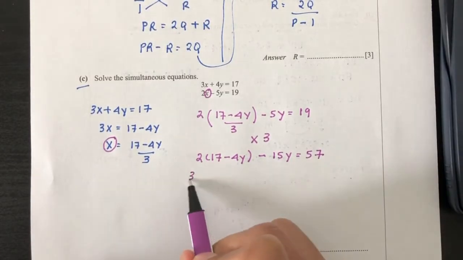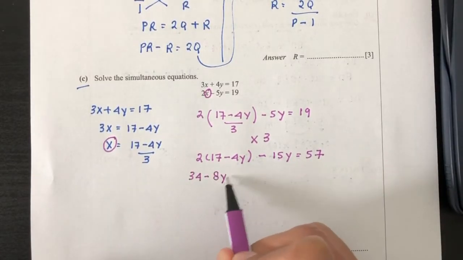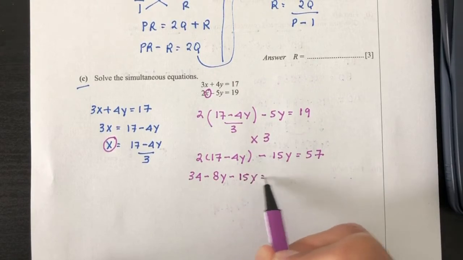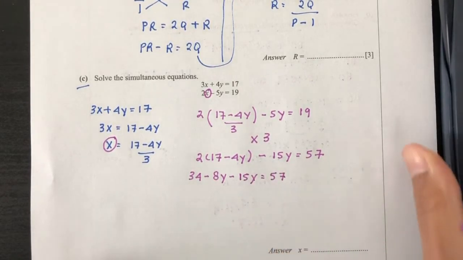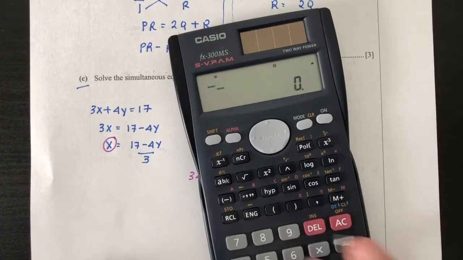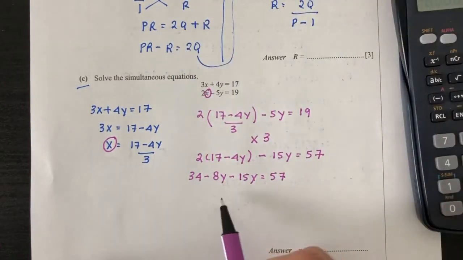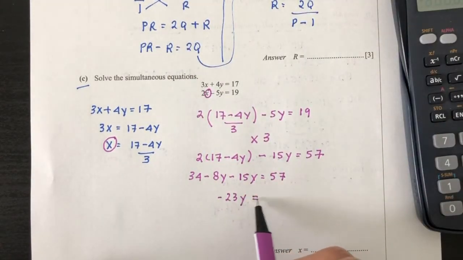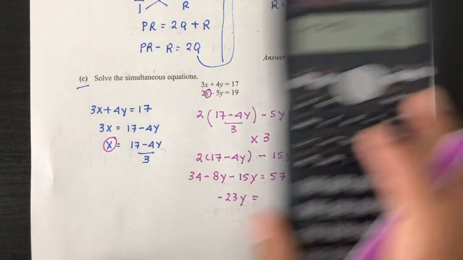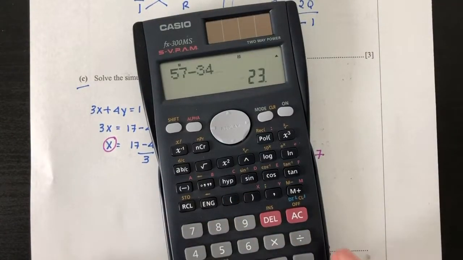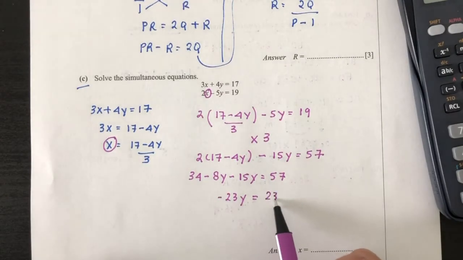Now expand, you will have 34 minus 8y minus 15y equal to 57. So minus 8 minus 15, that is minus 23y is equal to 57 minus 34, that is 23 as well. So 23. So y will be equal to minus 1.